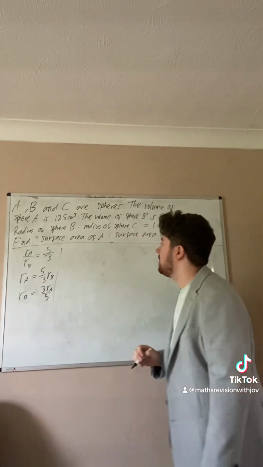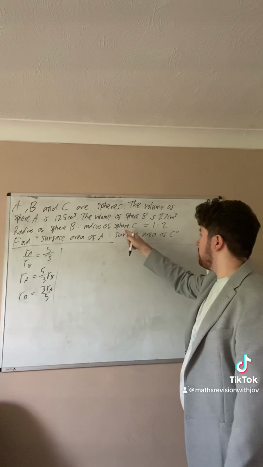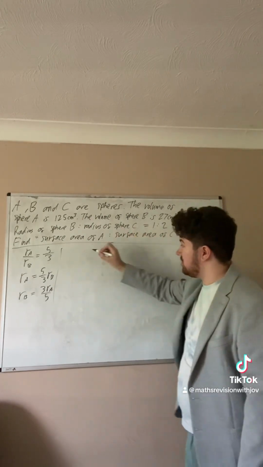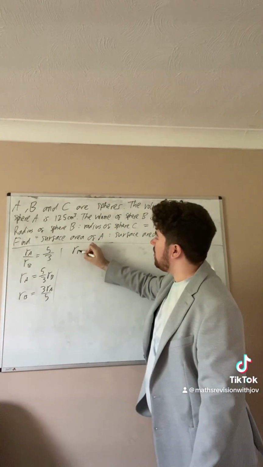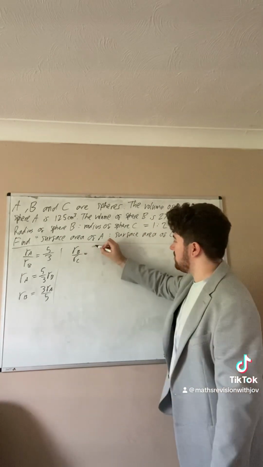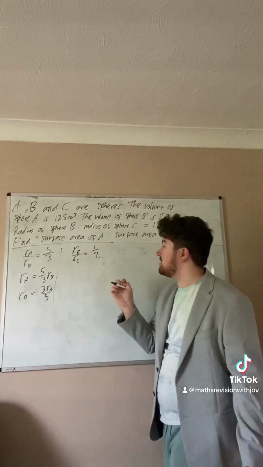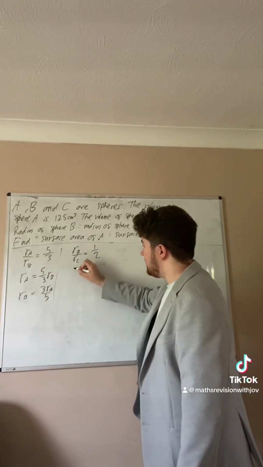Great. We are given that the ratio of the radius of sphere B to the radius of sphere C is 1 to 2, which means that RB divided by RC is 1/2. Similarly, we can solve for RB in this case as well, and that's much easier.